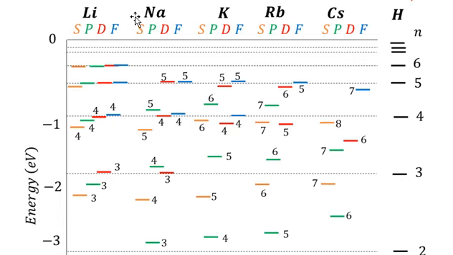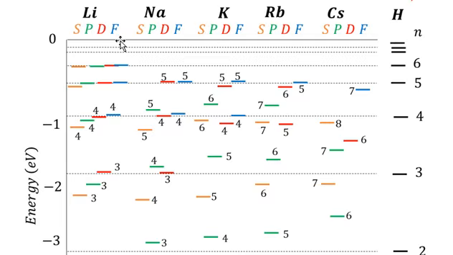Now you see that at the top we have the lithium atom, the sodium atom, the potassium atom, the rubidium atom, and the cesium atom. For each of these atoms we have four states for the valence electron: S, P, D, F. For sodium we have SPDF, for potassium SPDF, for rubidium SPDF, and for cesium SPDF.